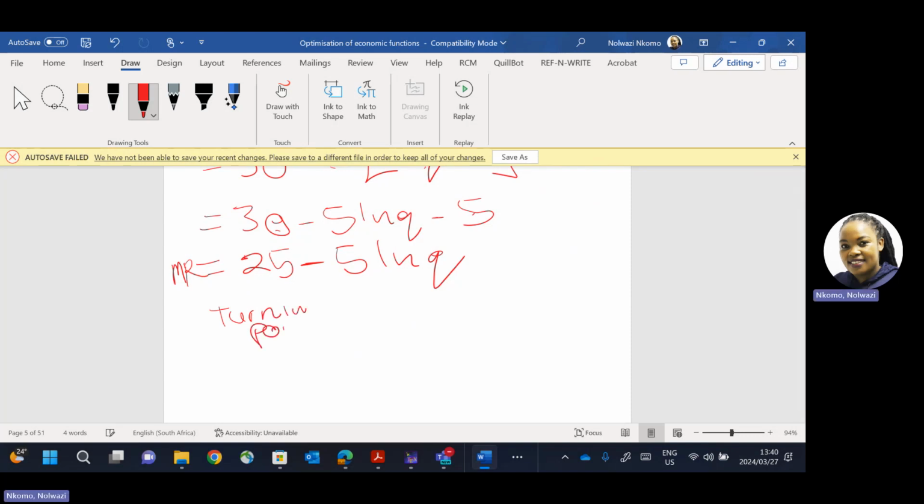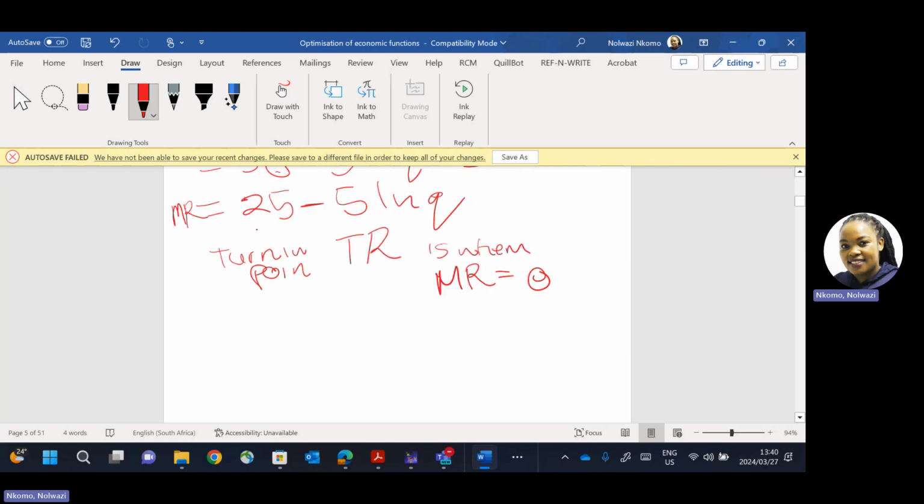The turning point of the total revenue is when the marginal revenue is equal to 0, right? And this is our marginal revenue. So this means we have 25 minus 5 ln Q equals 0.